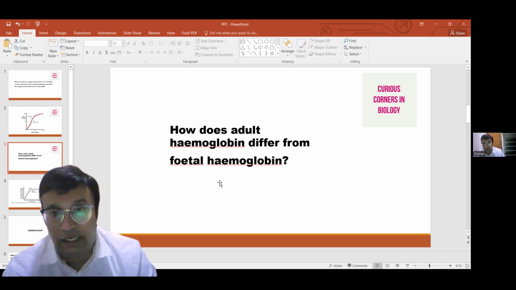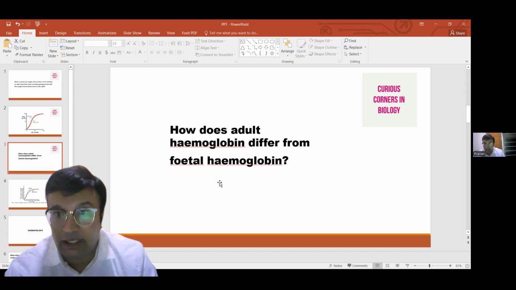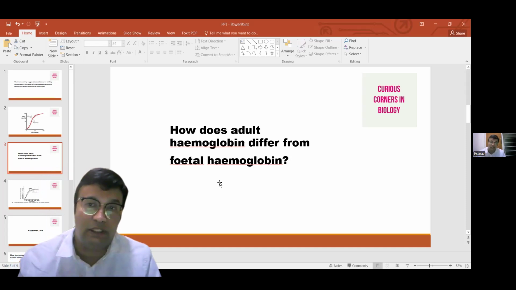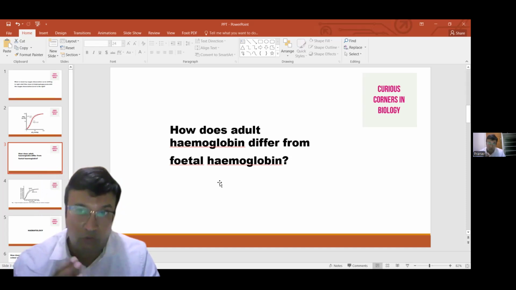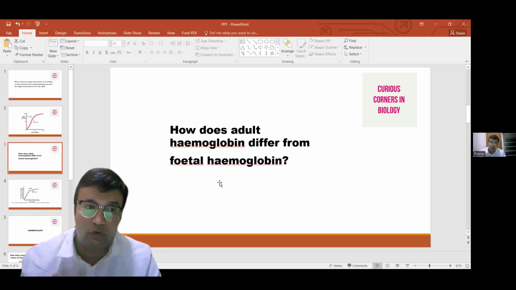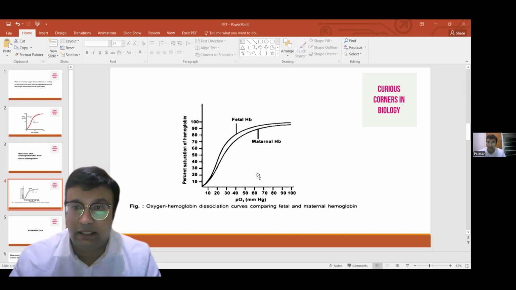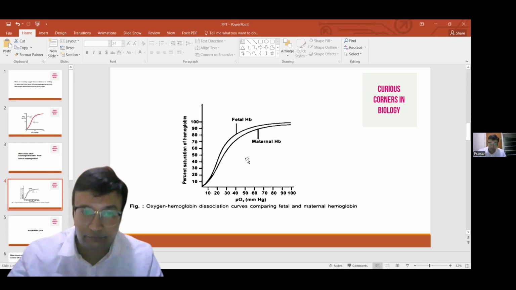Because of course, the fetus grows and develops vigorously. So the demand for oxygen by the fetus is very high. So, of course, fetal hemoglobin should capture more oxygen in less time and with more affinity as compared to maternal hemoglobin. And this is clearly shown by this graph.